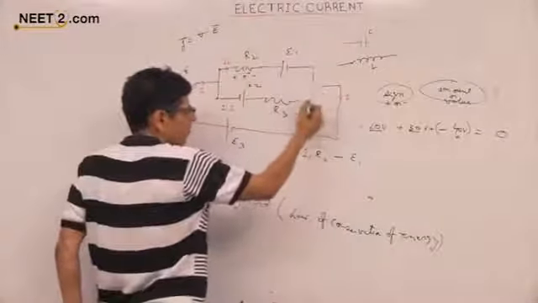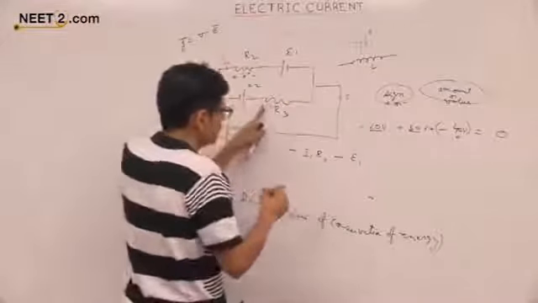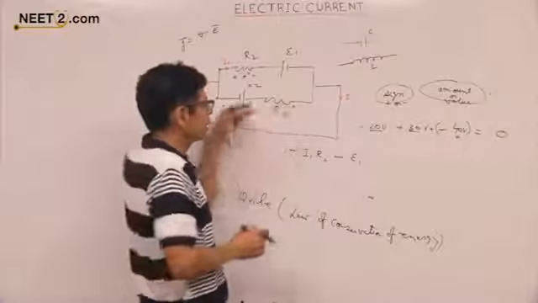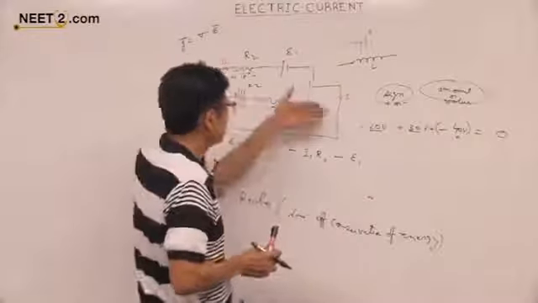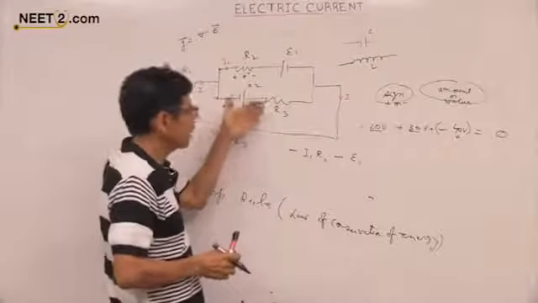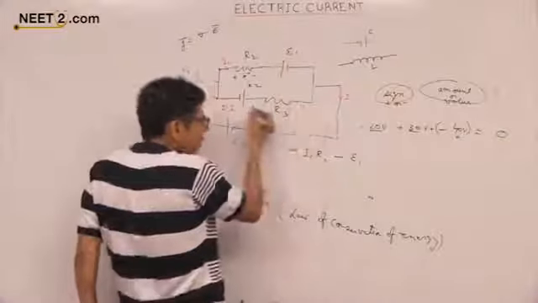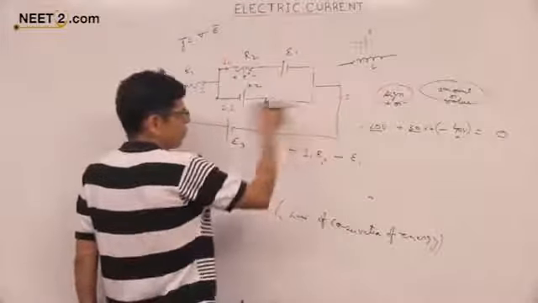Okay, then I come round like this. Now this current is going like this, so this must be higher, this must be lower. Current is the flow of positive charges, and positive charges are going that way. It means this must be higher potential and this must be lower potential. So I'm going from lower to higher potential, so I have to write plus.